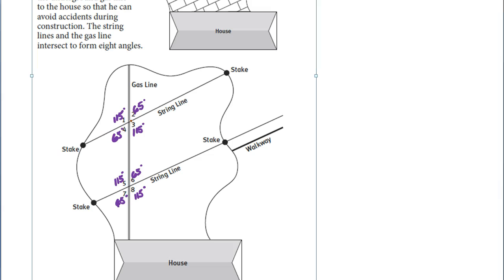So here we have a string line, and then parallel to it we have another string line, and then right here was that painted marking for the gas line. And that creates 8 angles that are numbered 1, 2, 3, 4, 5, 6, 7, and 8.